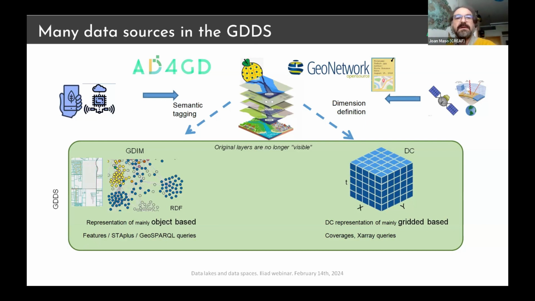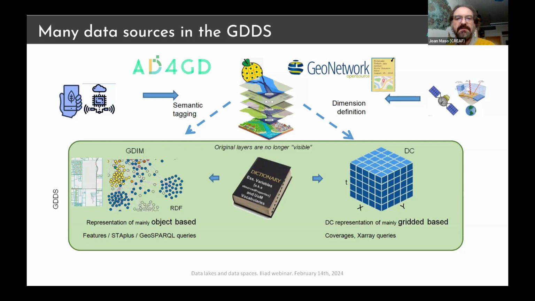And we are doing that by adding semantics and defining dimensions, and depending on the data model, you get something that's kind of cubical, what we call the data cube, where we organize data in dimensions, or you get something more object-based, where we organize things into features and their relations. And both worlds are related because they use the same concepts, they measure the same variables.